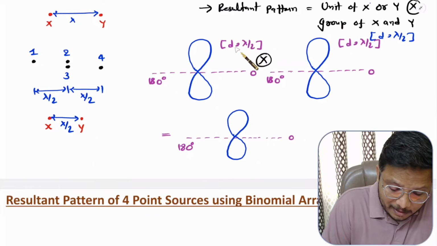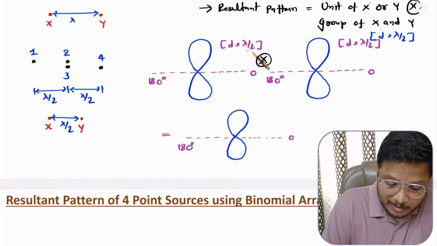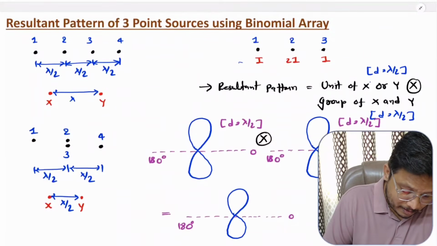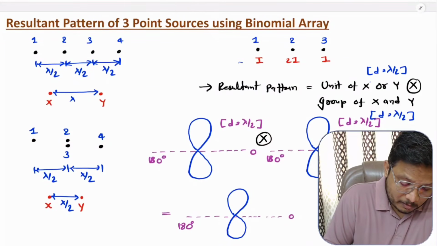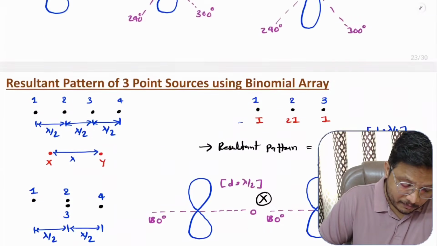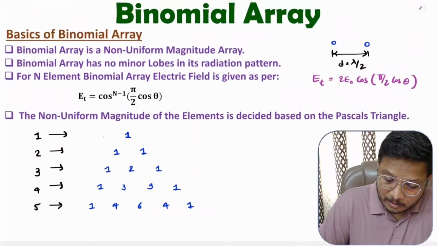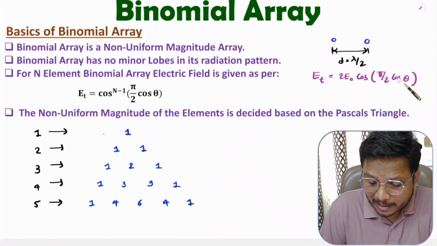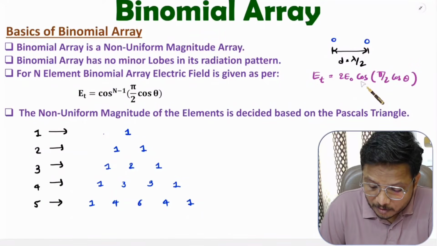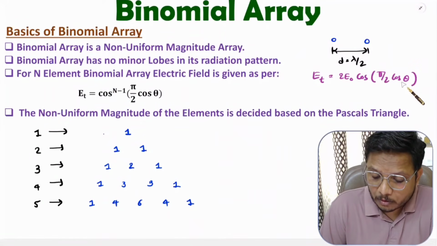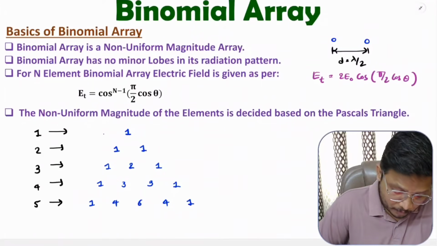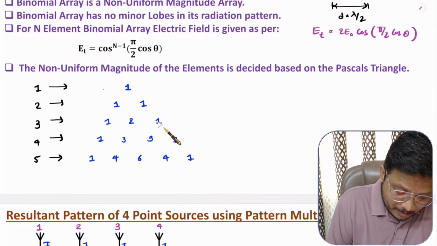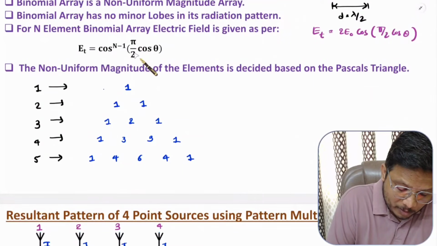So here you see spacing d equals lambda by 2, and here also spacing d equals lambda by 2. So if you talk about the electric field, then the electric field with spacing lambda by 2 is this. If you multiply this electric field 2 times, it will be cos square of pi by 2 cos theta, right? So for three elements, current distribution will be 1, 2, 1, and electric field will be cos square of pi by 2 cos theta.